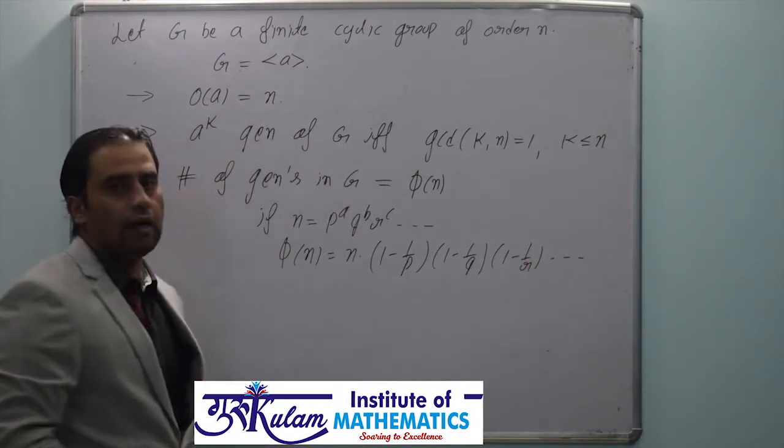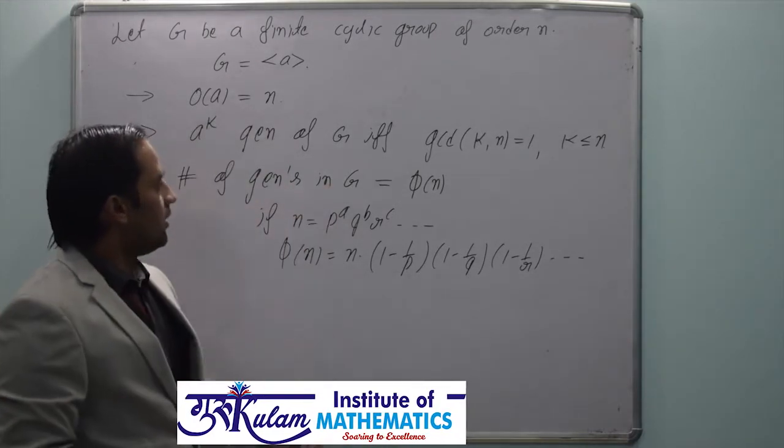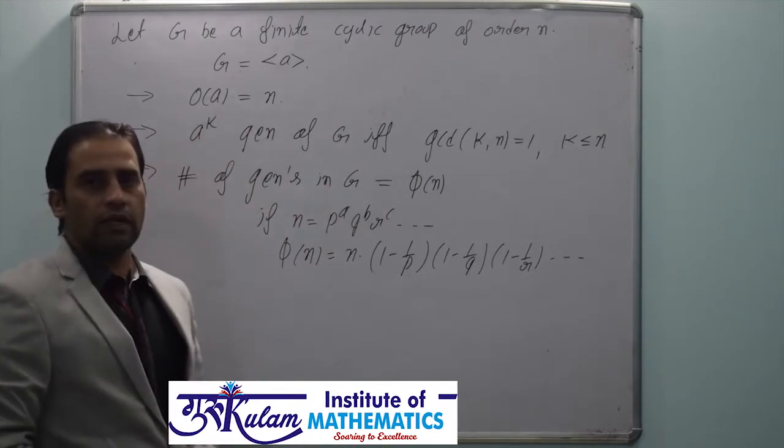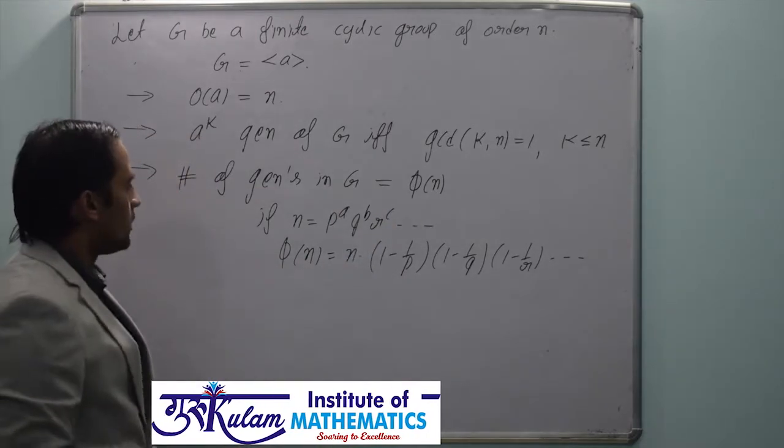So this is the Euler-phi function. So the number of generators in any finite cyclic group of order n is exactly phi of n. So this is the third property.